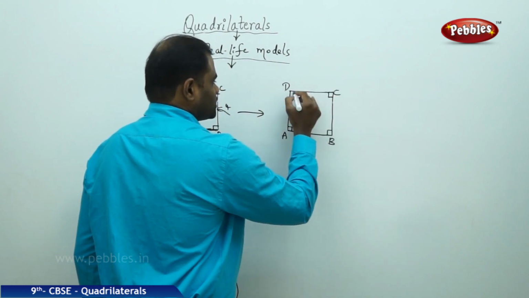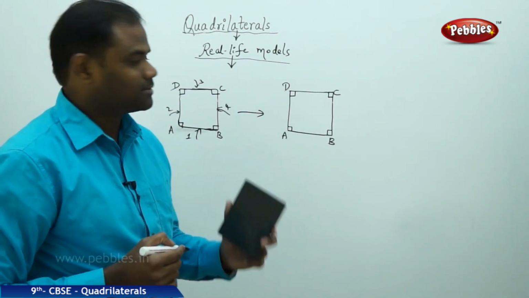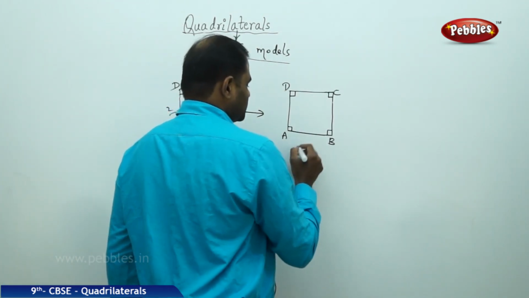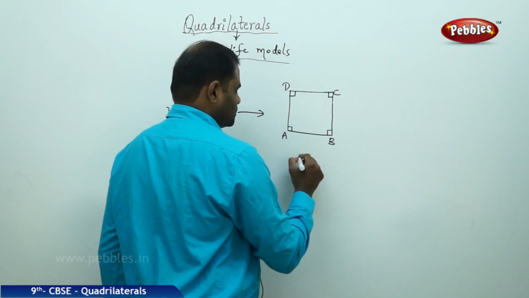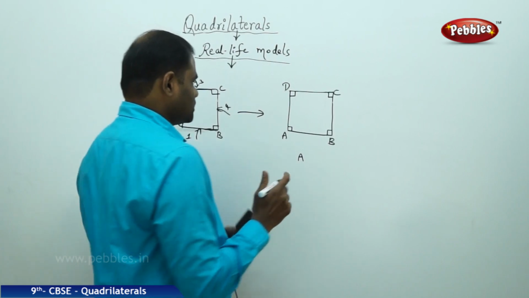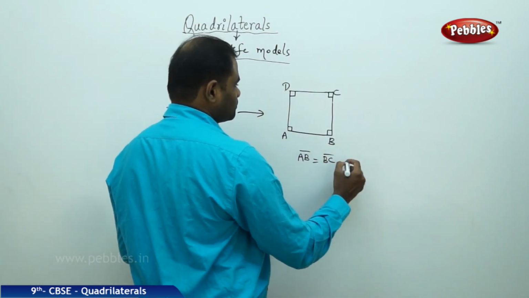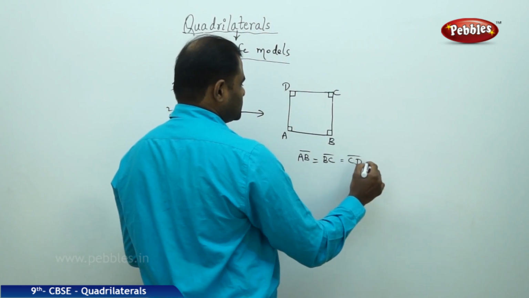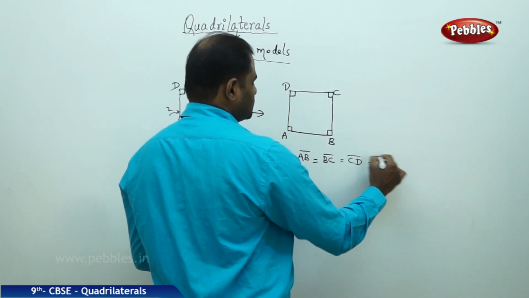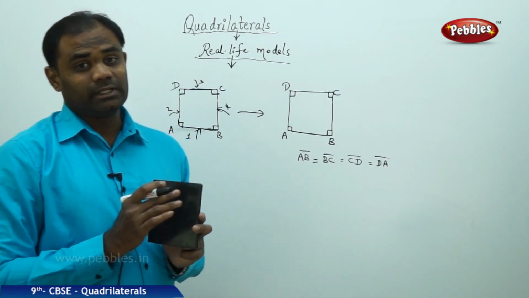As a special case, I have all the angles to be exactly L-shaped, 90 degrees. And I also observe that for this model, each of the lengths are equal. That is, my length AB is equal to length BC, equal to length CD, equal to length DA. That means all my four sides are equal in length.